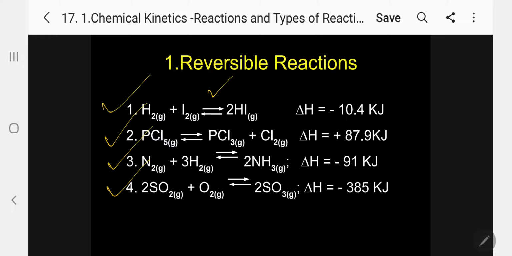So this is also a reversible reaction. A reversible reaction can be easily recognized by the double-sided arrow. Please follow. That means it is conducted in a closed vessel. That is the most important thing you must know. When any reaction is conducted in a closed vessel, it is reversible.